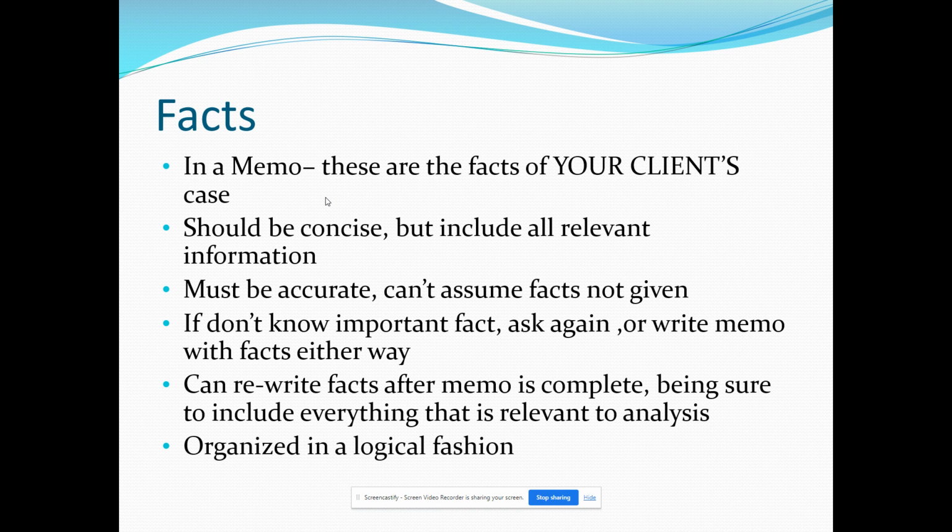If the speed limit was 60 miles an hour, they were operating at the speed limit. They were not unreasonably operating the car, right? So if we don't know an important fact, we maybe circle back with our assigning attorney, or we write the memo with facts either way if it's an unknown.